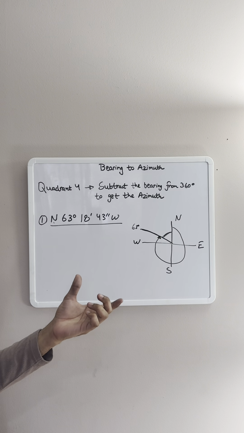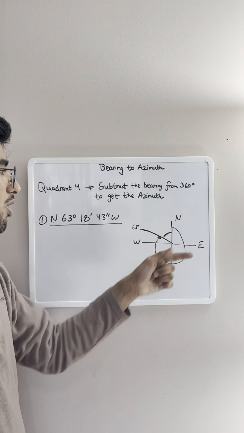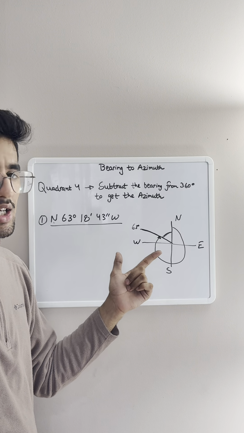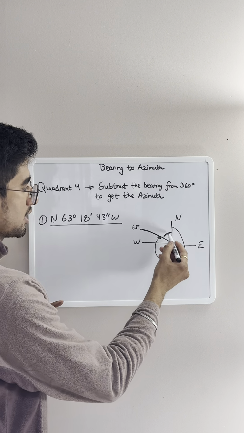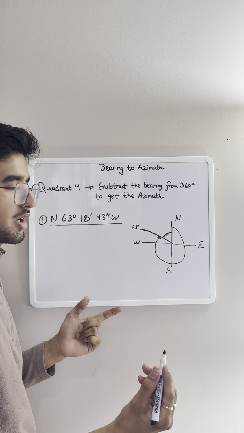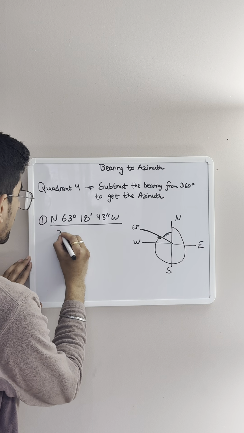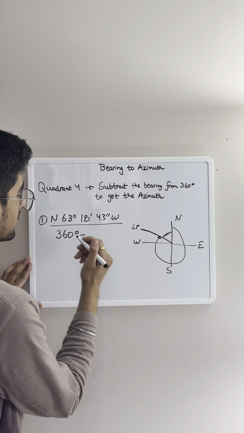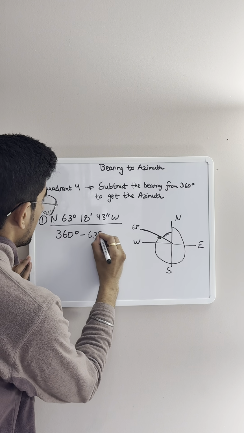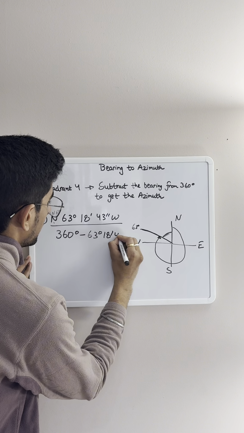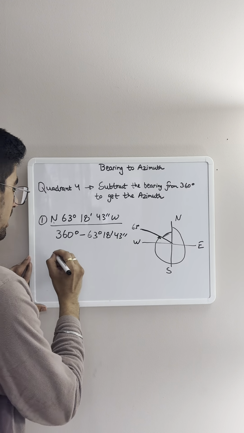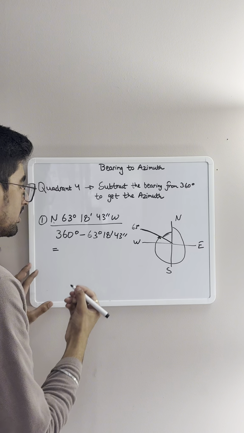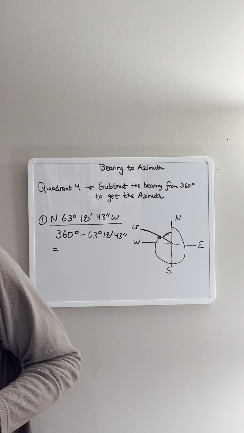A whole circle is 360 degrees, and we know this angle, so with basic maths we just subtract: 360 minus this angle, 80 minutes 43 seconds.